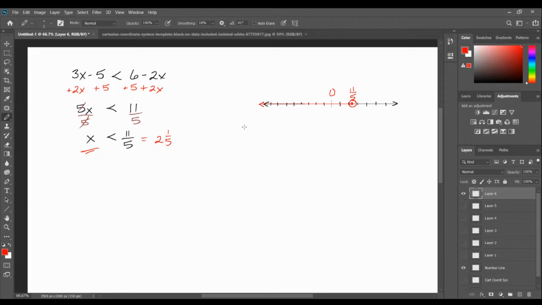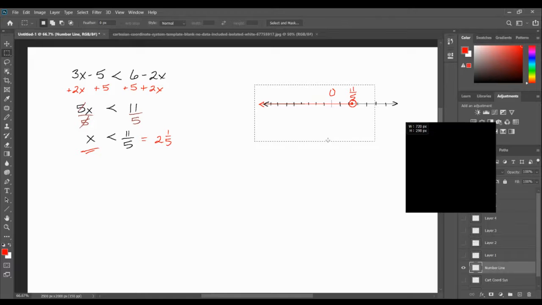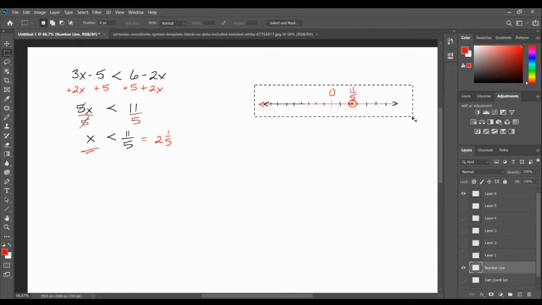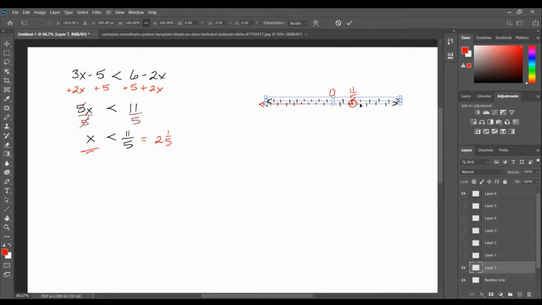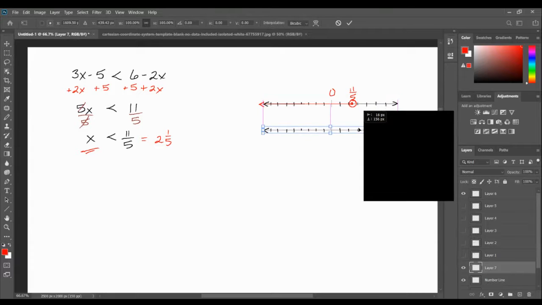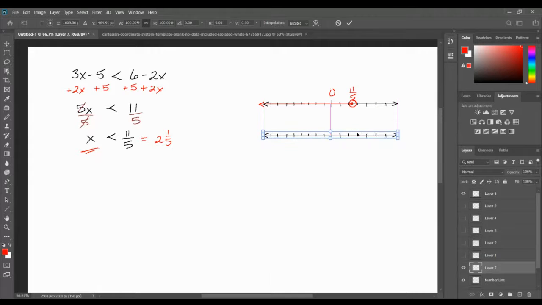They also asked me to write interval notation, which is why that particular open circle idea is not the one I prefer. Let me create another copy of this number line. Bring that down here so that I can show this other method.